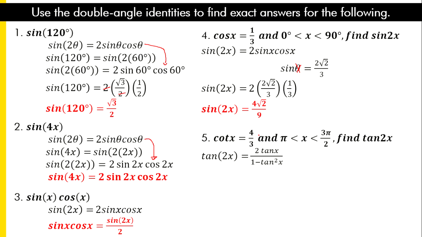The tangent x here is 3/4. Now we can substitute it in our formula. So tangent 2x is equal to 2 times the quantity 3/4 all over 1 minus the quantity 3/4 squared. Then you can use your calculator or simplify this complex fraction, and you'll obtain the value, which is 24 over 7. So the tangent 2x here is 24 over 7.